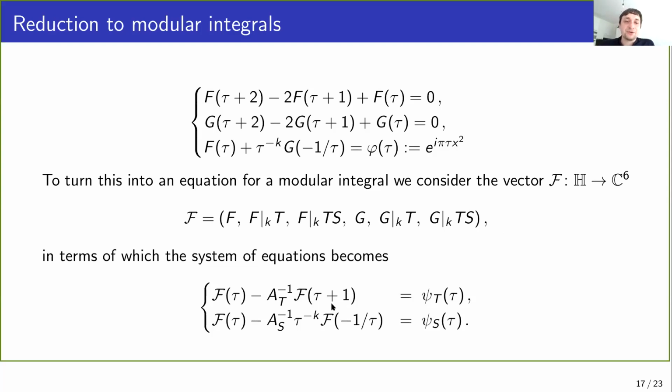So the functional equations now, if you ignore the right-hand side, are just saying that this is a vector valued modular form. But you remember from previously in the lecture, I introduced the notion of modular integrals, and that's exactly what is required. In the definition of modular integrals, I required an identity for all elements of the group, but actually it's enough to require it just for the generators.